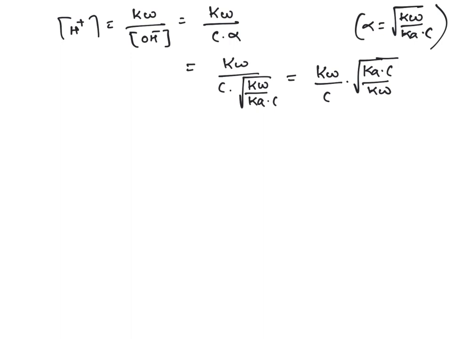I can write this expression in this fashion. Now solving this, here Kw is there, root Kw; it becomes root Kw. And here C is there, here root C; it becomes root C. So I can write the final expression: Kw I can write as root Kw into root Kw, one cancels, and what remains is Ka by C, where I can write root C into root C. The numerator and denominator, one cancels, one is left.